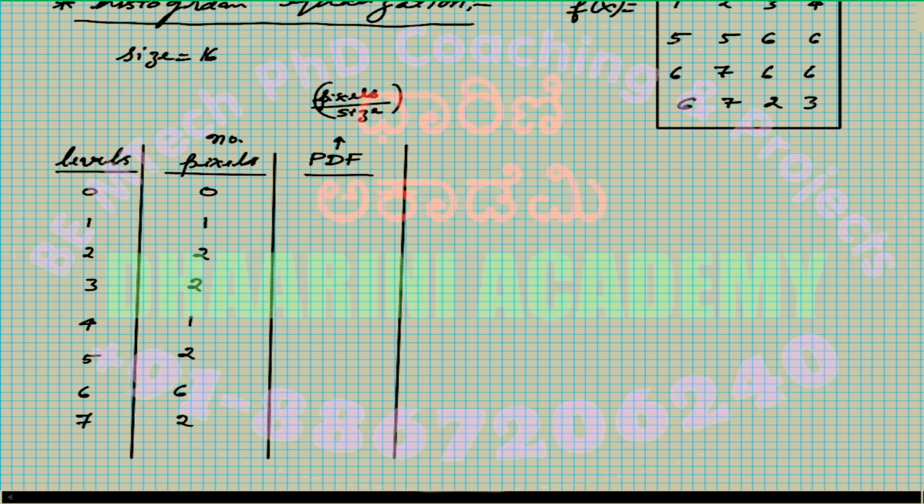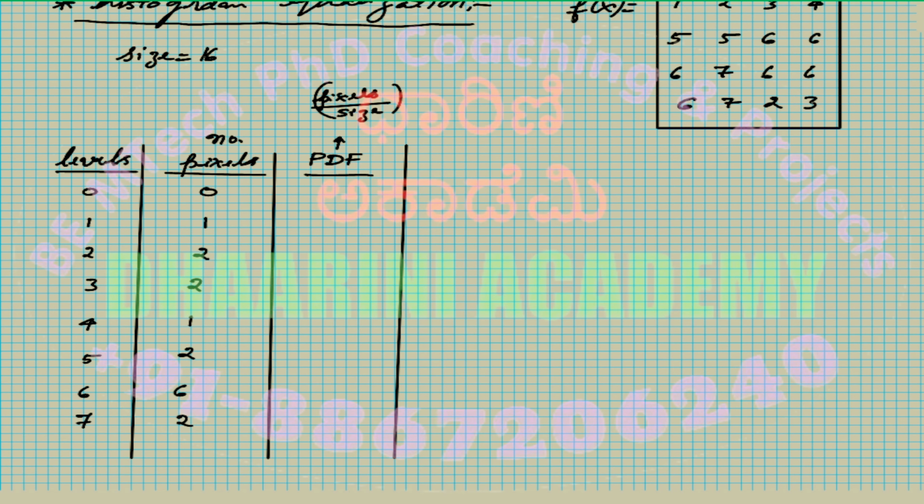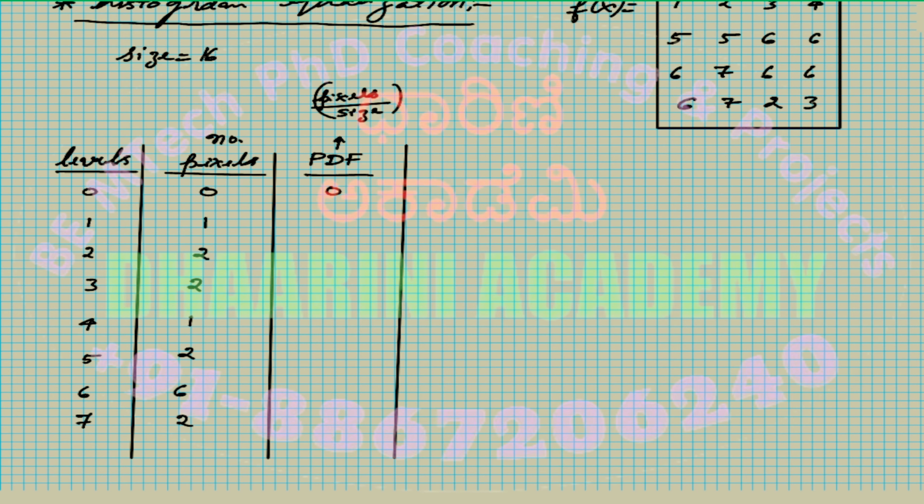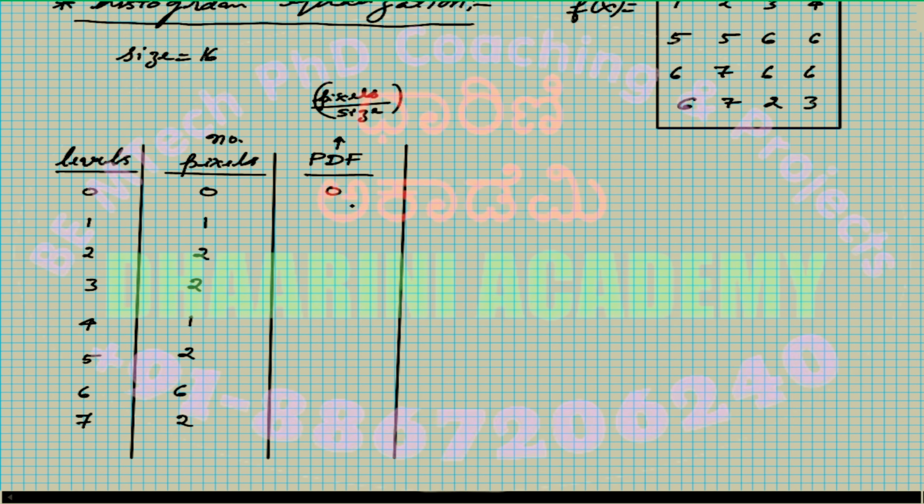When I divide 0, you can write up to 4 decimal points whenever required. So 0 by 16 will be 0. Now I have to write 1 by 16. Okay, 1 by 16 comes to be 0.0625. The next one is 2 divided by 16, so that is 0.125.